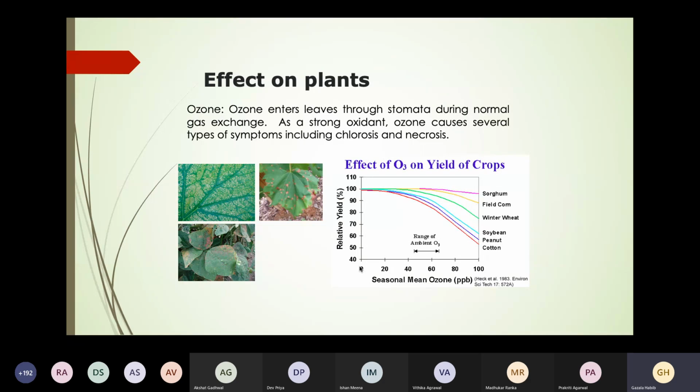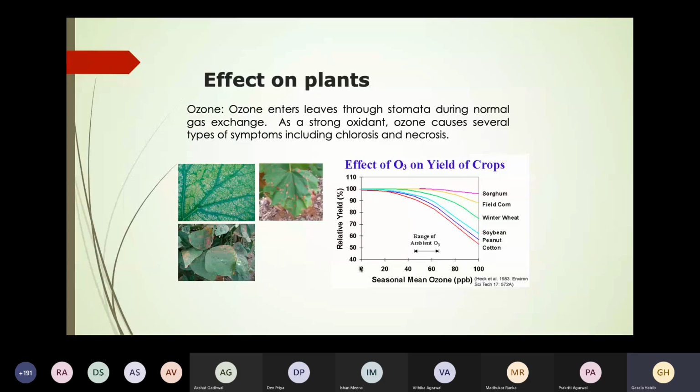Now, ozone, which is a strong oxidant, causes several types of symptoms, including chlorosis and necrosis. And what are chlorosis and necrosis? Here it is shown on the left hand side. The yellowish visual appearance on the leaf is one of the diseases, which I think is chlorosis.